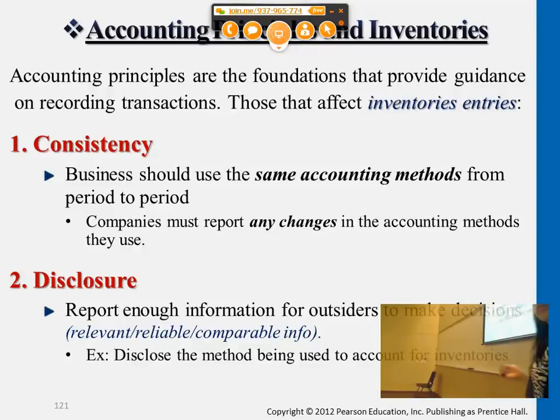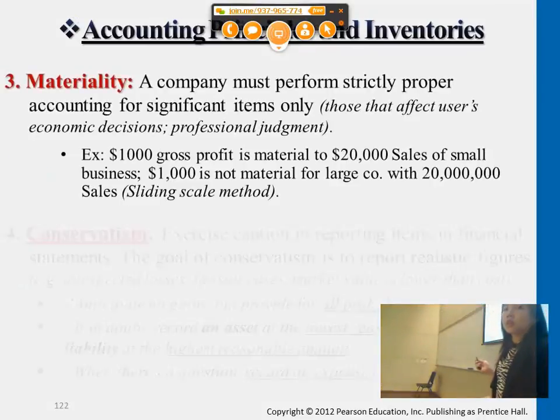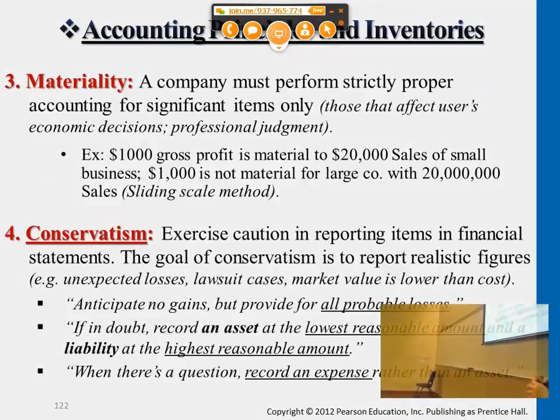Okay, other principles, we have two more: materiality and conservatism. Focus more on conservatism here. Conservatism is a principle that guides accountants, under cases of uncertainty, to measure the highest possible level of losses and liabilities.